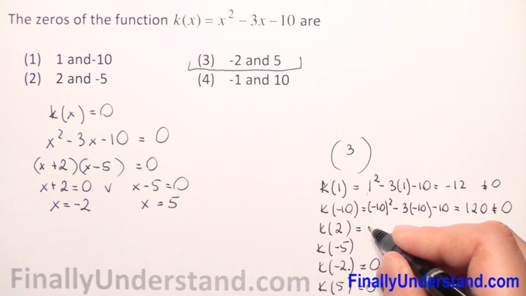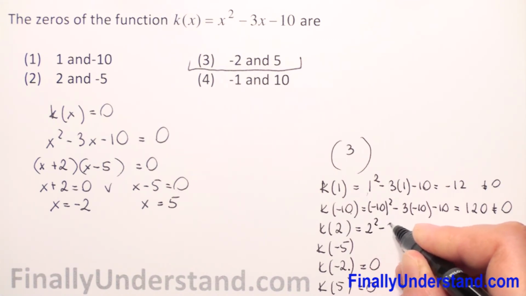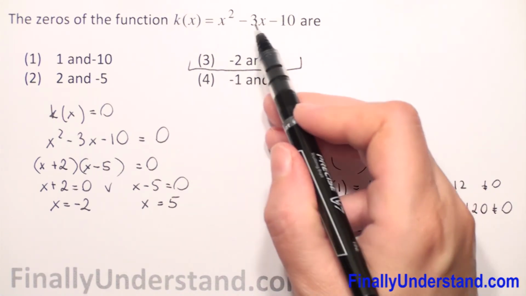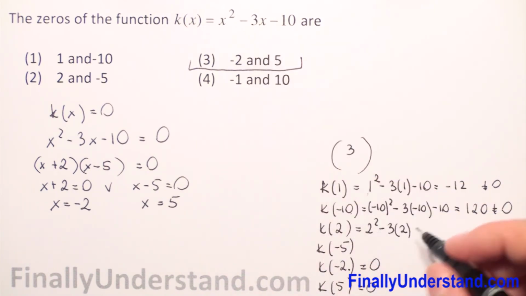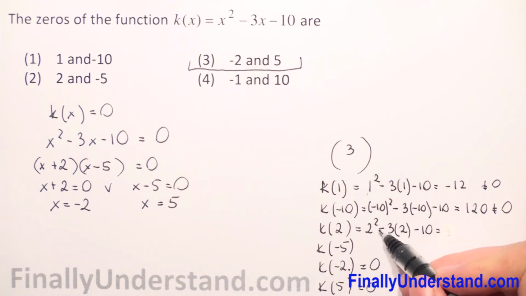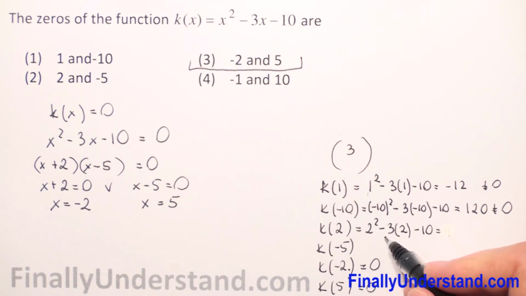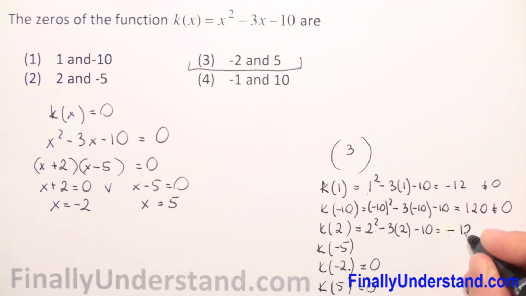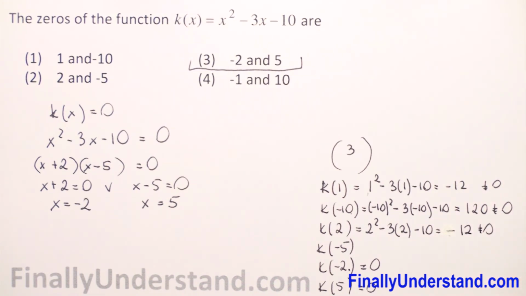K of 2, so it will be 2 to the second power minus 3 times 2. We substitute x by 2 now, minus 10. So this is equal to, 2 to the second power is 4, and we have negative 3 times 2, so it's negative 6, 4 minus 6 is negative 2, and negative 10, so it's negative 12, again different than 0.